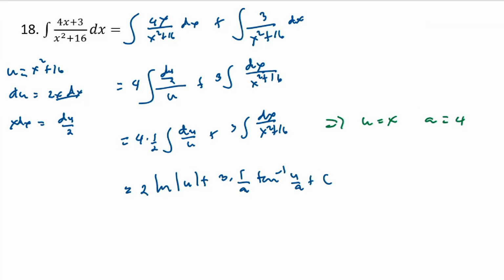So by substitution, I can write now 2 ln of the absolute value of u, which is now x squared plus 16 in the first term, plus 3 times 1 over a becomes 3 over a. Our a now in the second term is 4. Then arc tangent of u over a. Our u there is x in the second term, and a is 4. So plus a constant. So finally, we have now the answer of 2 ln of the absolute value of x squared plus 16 plus 3/4 of arc tangent of x over 4 plus a constant.